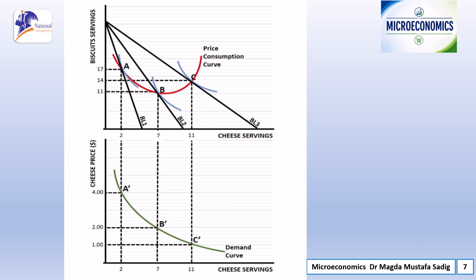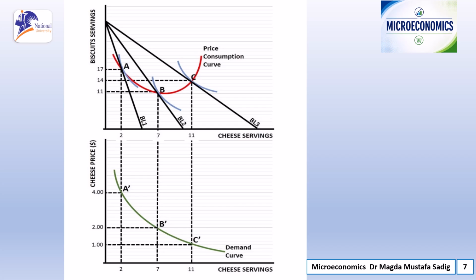Then we prove that the demand curve is not drawn randomly. It is derived directly from the consumer's equilibrium choices. Let us focus on this lower graph. As I told you, notice that when the price of cheese falls from 4 to 2 to 1, the quantity demanded increases from 2 to 7 to 11.